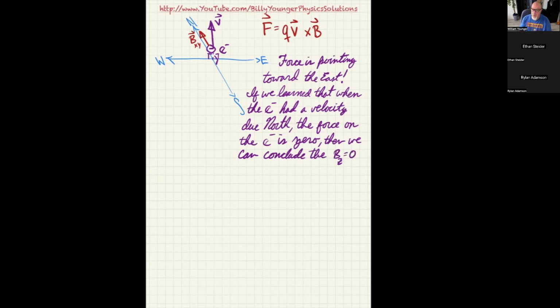That means there's no positive Z component nor any negative Z component because the force was 0. Any questions on that?